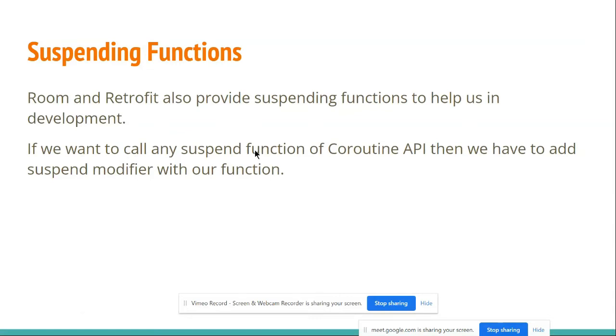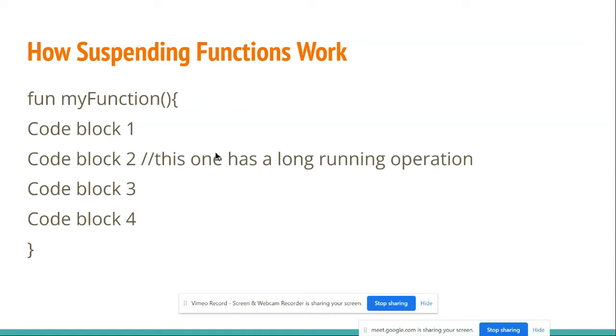If we want to call any suspend function of the coroutine API, then we have to add the suspend modifier with our function. So it is important to add the suspend modifier with our function, otherwise Studio will throw an error. So you have to add it. This is necessary.